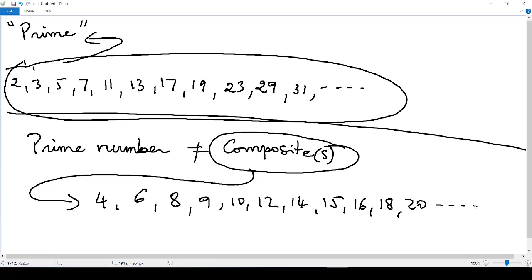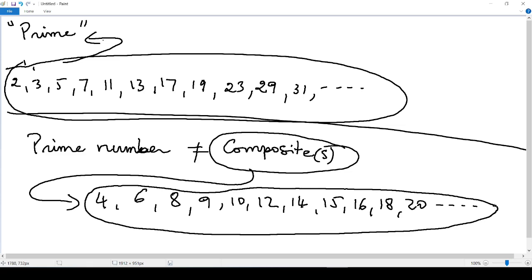You should have realized that among composite numbers and prime numbers, we don't see the number 1 anywhere.